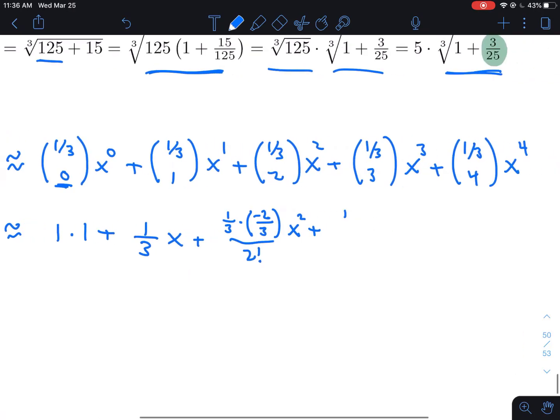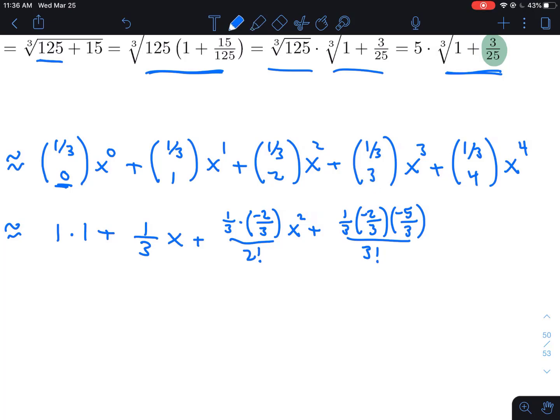Let's do another one here. This is going to be 1/3 times -2/3 times -5/3. Again, we're dropping by 1 each time, so we go from 1/3 to -2/3 to -5/3. And then we need to divide by 3 factorial, whatever the number is in the bottom, that's what the factorial is.